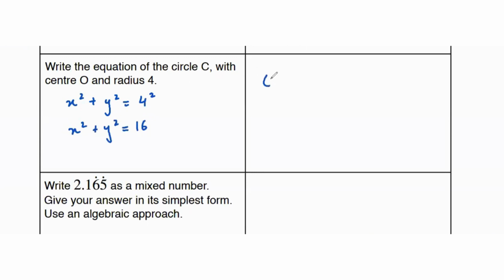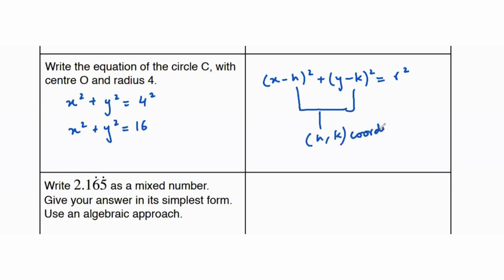Because the equation of a circle is (x minus h) whole squared plus (y minus k) whole squared equals r squared. h and k are our coordinates of the center. Since the center is 0, which is the origin, it's going to be x squared plus y squared, and r squared is 4 squared, which is 16.